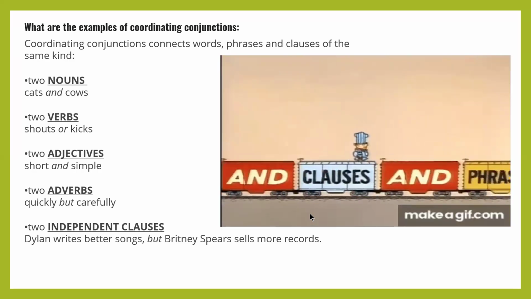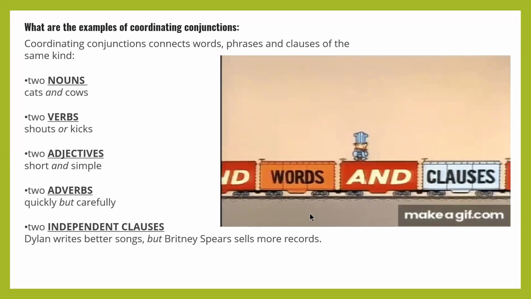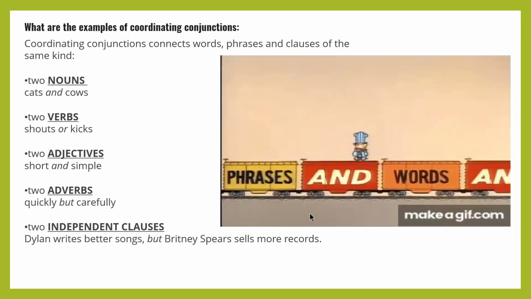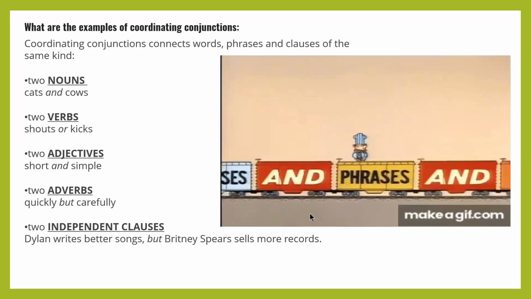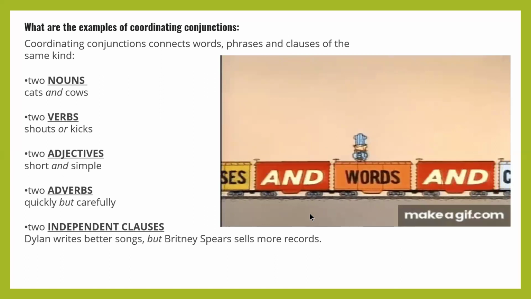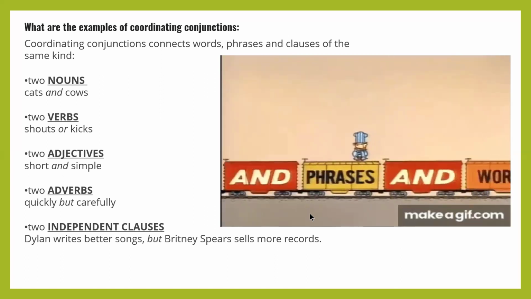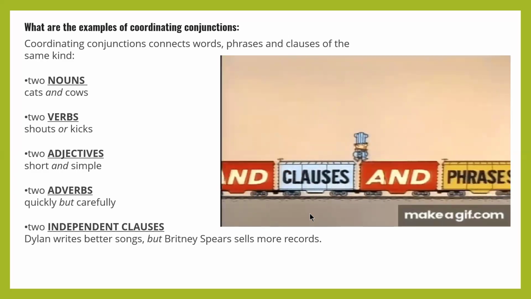So with the help of coordinating conjunctions, we can connect two nouns, two verbs, two adjectives, two adverbs, and two independent clauses. Example: Dylan writes better songs, but Britney Spears sells more records. Both are independent clauses.